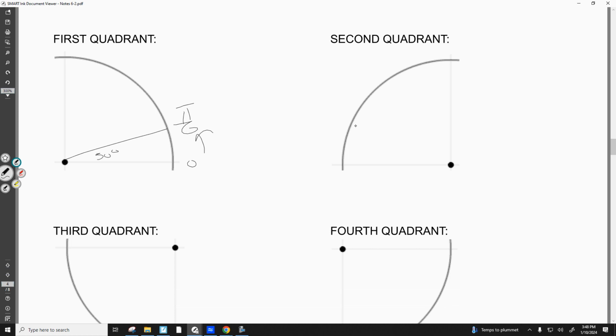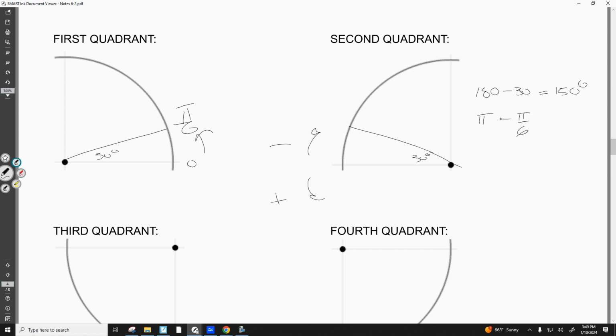In the second quadrant, we have an angle that's 30 degrees less than 180. Going clockwise, we're subtracting. 180 minus 30 is 150. Cool. Change that into pi. Pi radians minus pi over 6 is what?